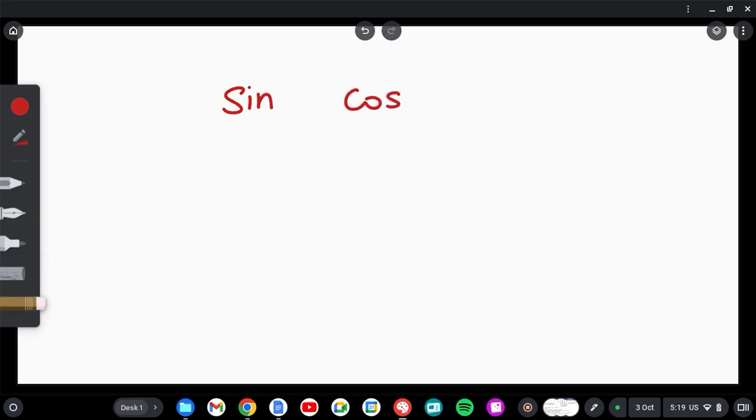But we can't just name them this. Okay, it doesn't work. Unless you want to be called this. Okay, SIN, this first button on your calculator stands for sine.